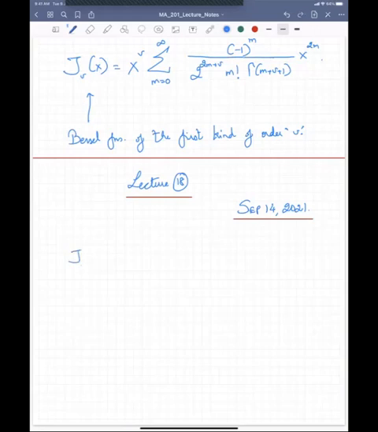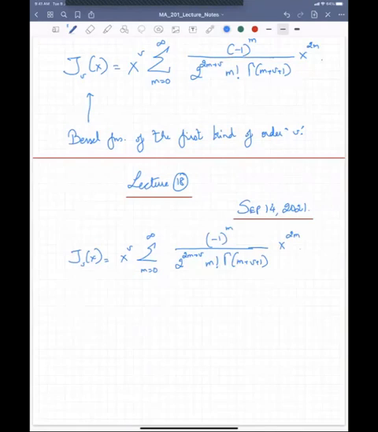So I will start by writing J_nu of x again, even though I have it right here: the sum from m equals 0 to infinity of (minus 1) to the m, x to the 2m, over 2 to the (2m plus nu), m factorial. Okay, so this only has even powers of x.